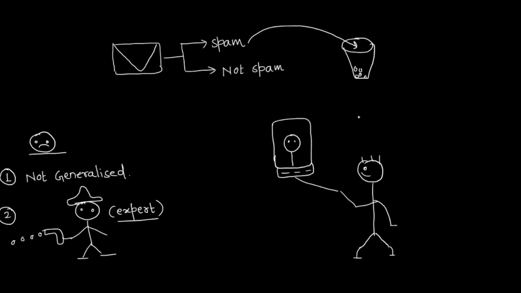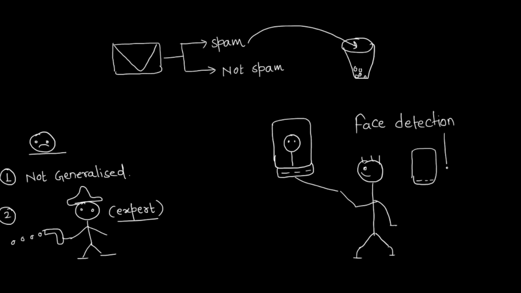This is one of the exceptions to hand-coded rule systems. So why was it an unsolved problem? The way a pixel is perceived by the computer is very different from how a human eye perceives that pixel.